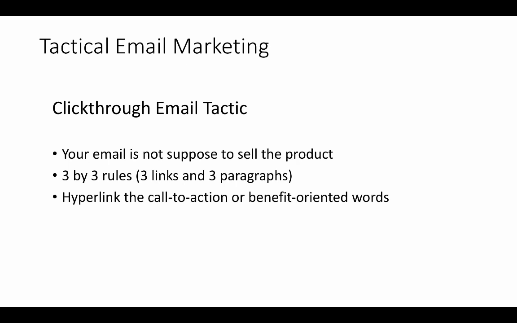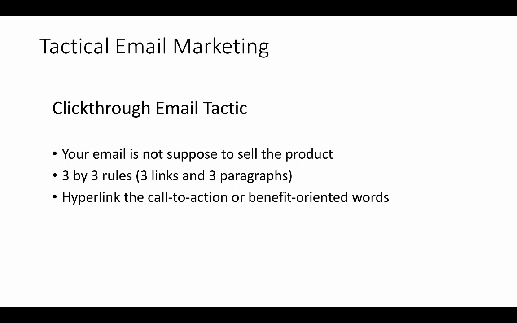So you have 3 links in an email copy, but you do not need to have 3 so-called URLs in the email copy. Maybe you can just have 1 URL or 2 URLs, and another one is a hyperlink of the text. So for instance, let's say you have the text called order now.